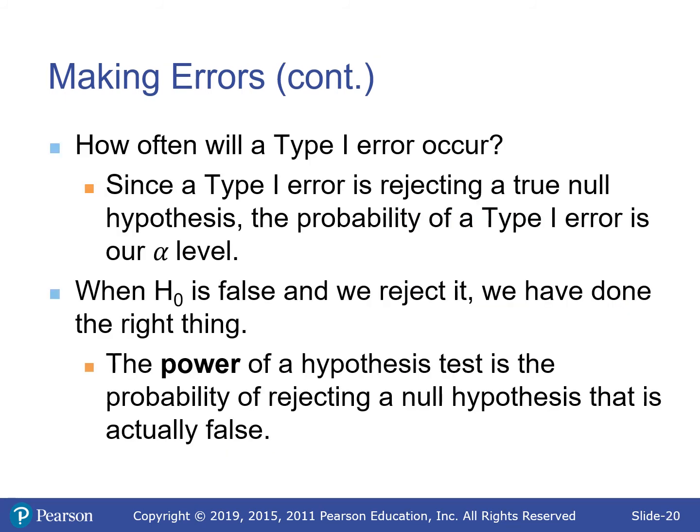So how often will that type 1 error occur? It's rejecting the null hypothesis when the null hypothesis is true. Well, we reject it at that alpha level. Let's just say 0.05. That means that if we get that p-value less than 0.05, the p-value is a probability of getting the results that we got if the null hypothesis is true.